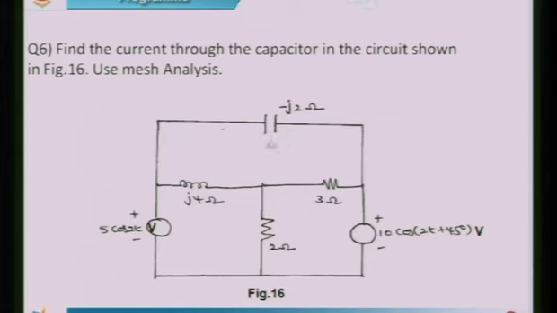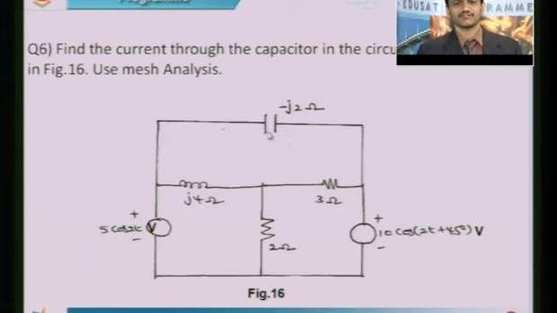Then you are observing an impedance of the capacitor, which is equal to minus j2 ohms. Now, this is the AC source, and this is one more AC source, 10 cos 2t plus 45 degrees. So the angular frequency in both the cases is 2 radians per second.